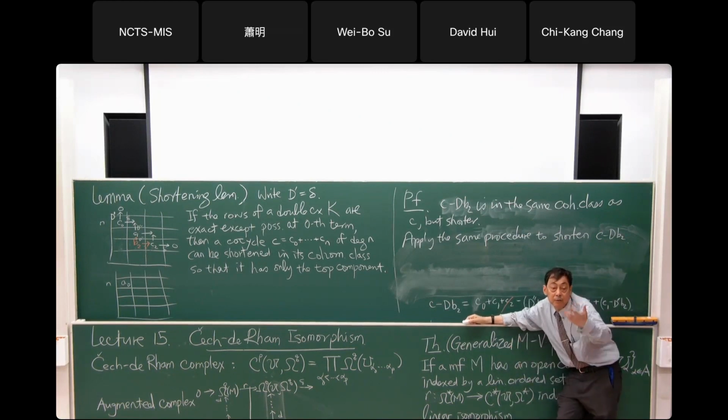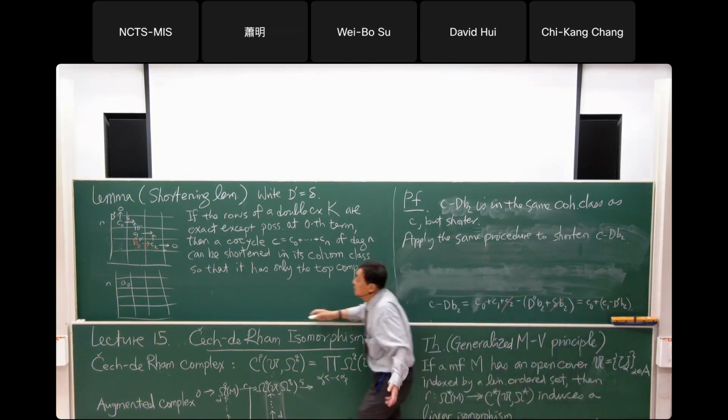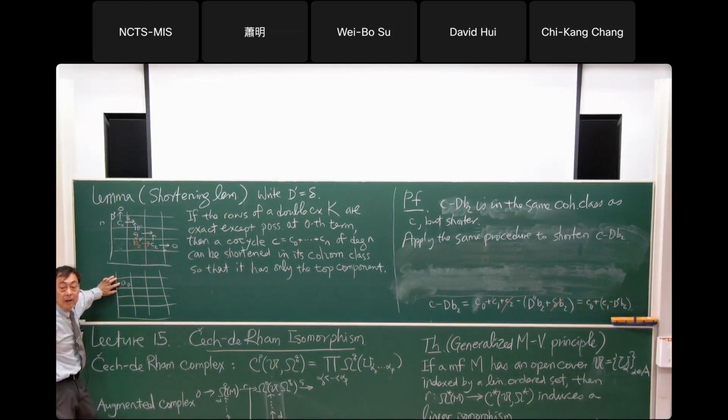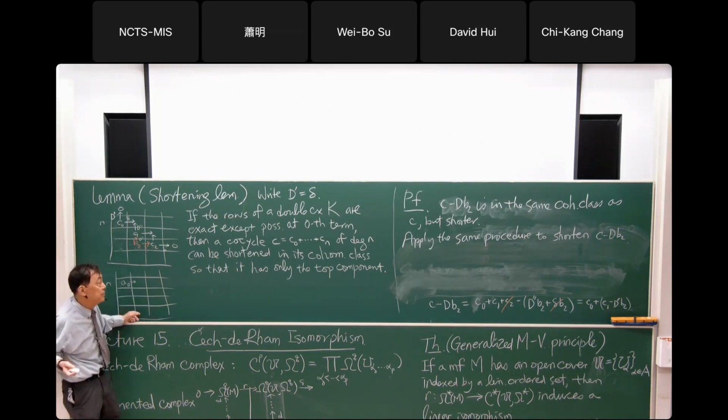So you can keep on doing this until you end up with just this term. But at this point, you see, because the row is not necessarily exact here, you cannot continue the shortening procedure.